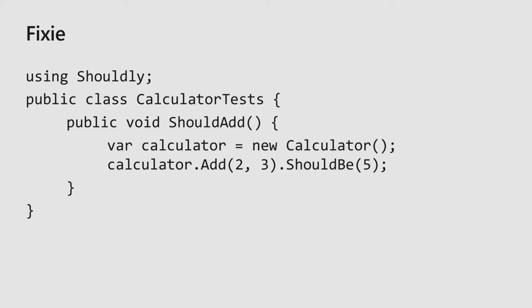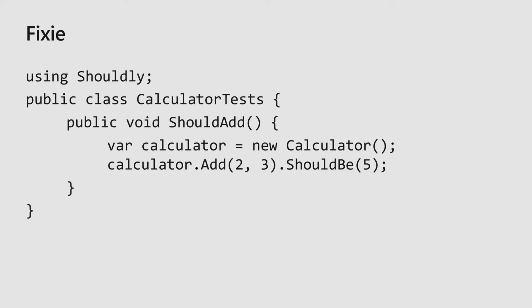So for those of us who prefer lightweight tools that do not try to do everything at once, Fixie is one of those little things that really makes things interesting. For example, Fixie doesn't make use of attributes. All you have to do is append Tests to your class names, and Fixie figures out that that is a unit test.